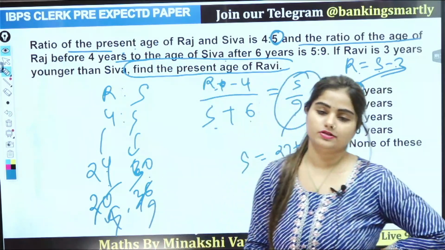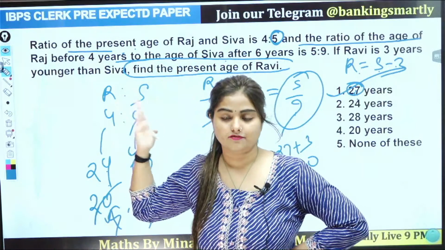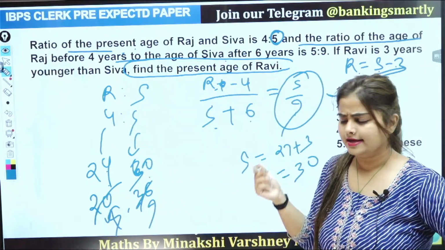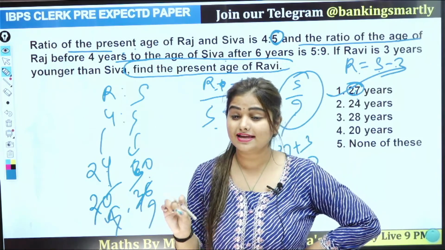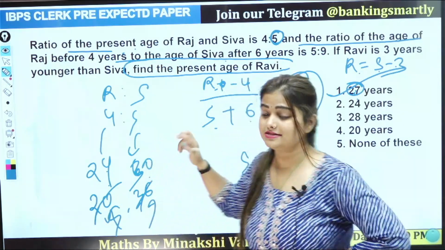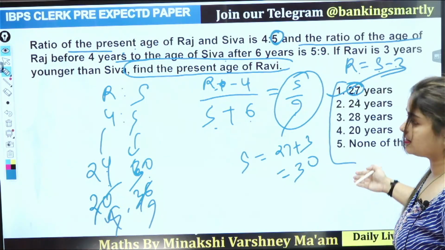How can we do this, ma'am? Here is the present age ratio of Raj and Shiva, 4:5. That means Shiva's age is a multiple of 5, and Ravi is 3 years younger than Shiva, so these are Ravi's ages in the options.